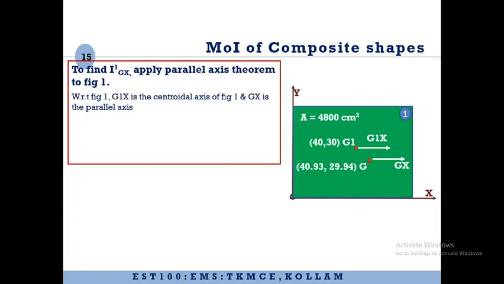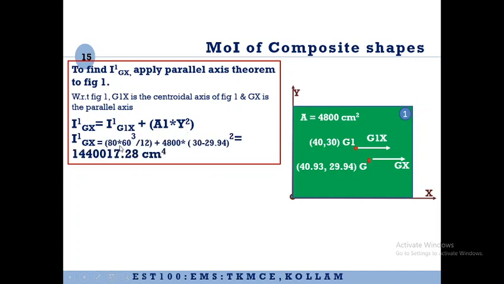So now if we apply the parallel axis theorem with respect to figure 1, IGX of 1 is equal to IG1x of 1 plus A1 into y square. That is, moment of inertia about the parallel axis is equal to moment of inertia about the centroidal axis plus area of the figure into distance between the two axes square.